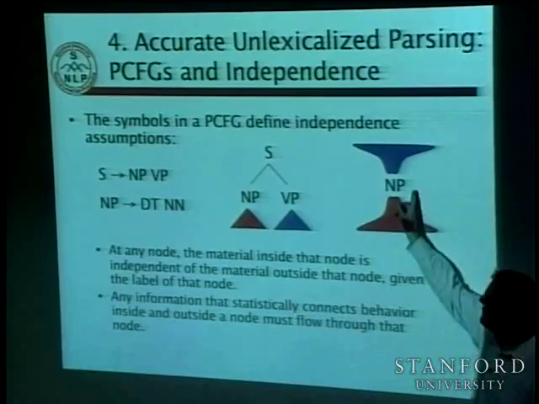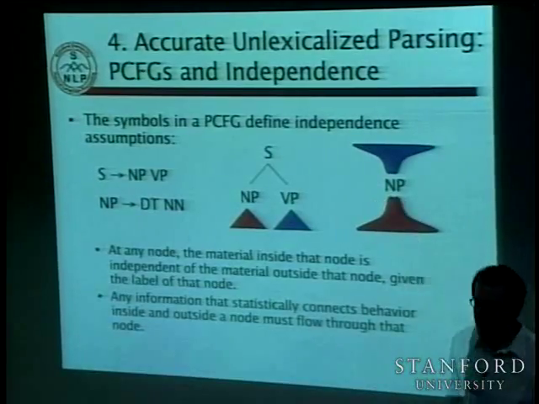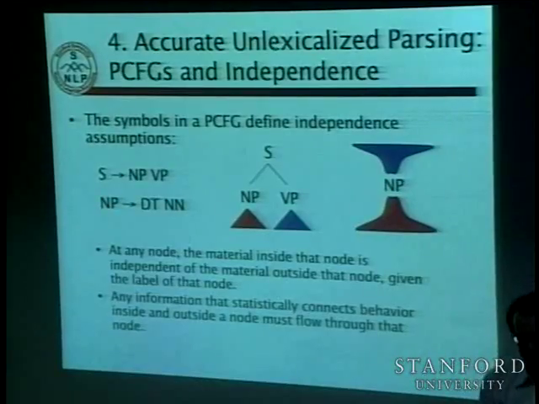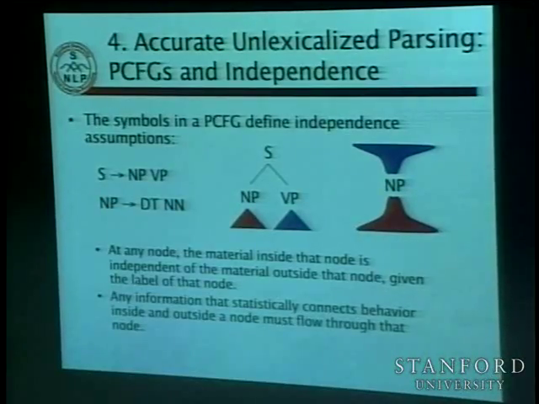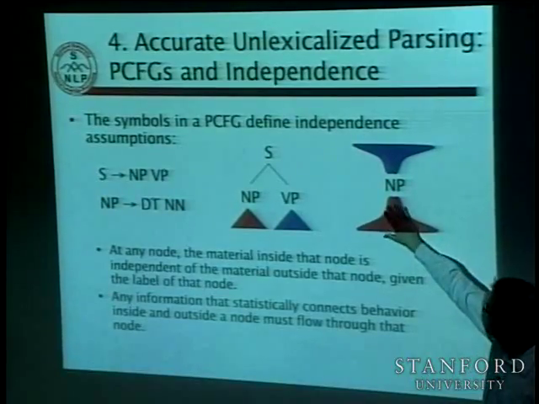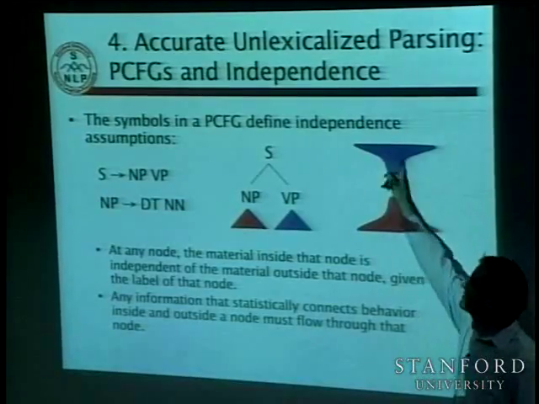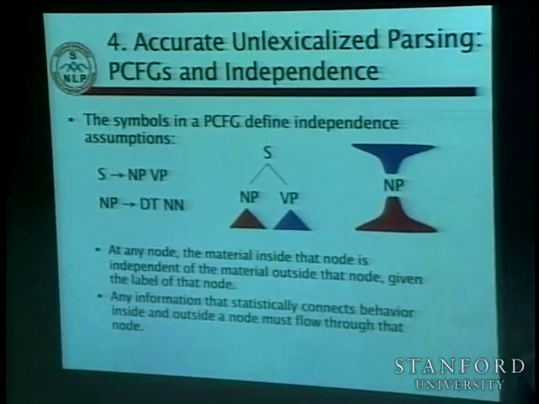If we added extra information here, then we'd get more information flow between the red part and the blue part. And so the question is, how much information do we need? How much information is it vital to know about this red part to be able to inform the structure you choose up above in the blue part?